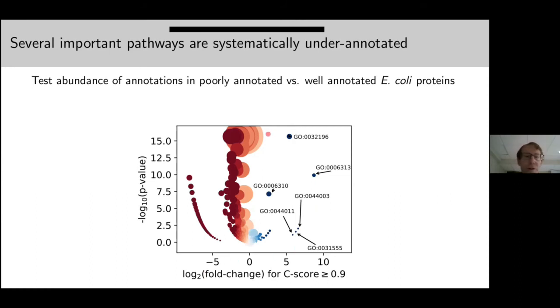So the further to the right you are on this plot, a given GO term is more enriched in the poorly annotated set of proteins. Things to the left are more enriched in the well-annotated set of proteins. The log-fold enrichment is on the x-axis. The p-value for that enrichment is on the y-axis. And the size of each dot corresponds to the number of proteins in the E. coli K12 proteome that has that particular GO term.